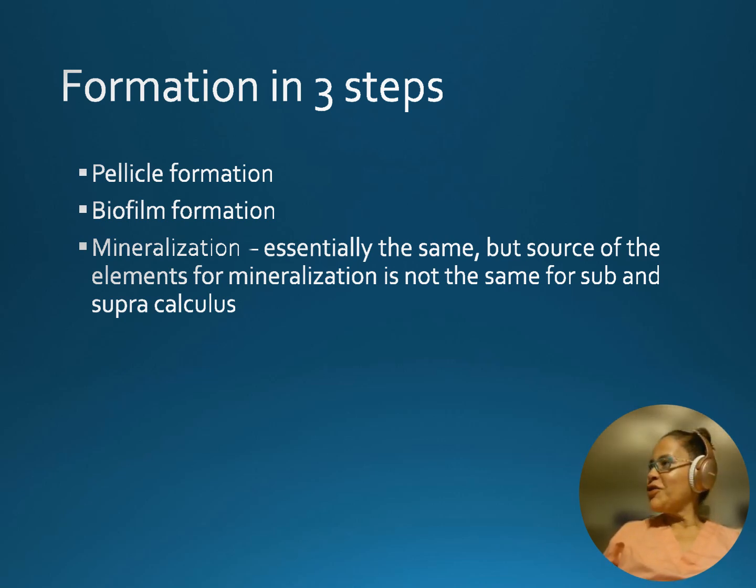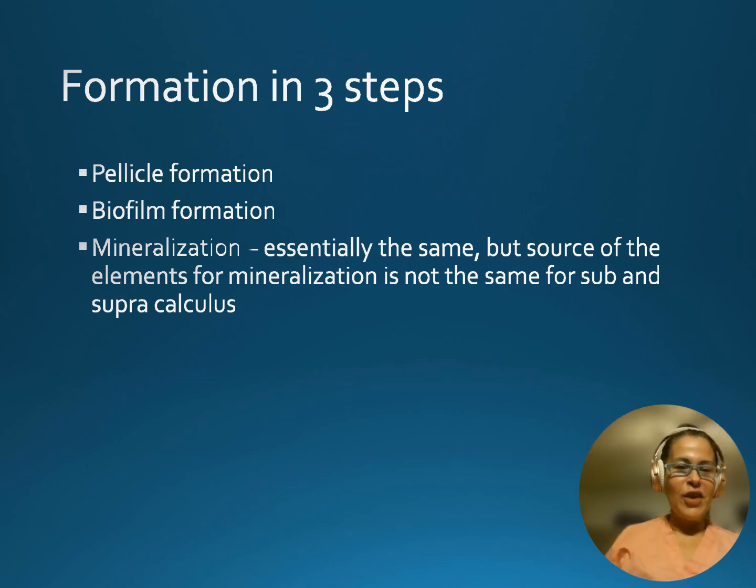Now, the formation of calculus in 3 steps, and this is going to be overlapping a little bit with our last lesson. We have pellicle formation, we have biofilm formation, and then we have the mineralization. The source of the elements for the mineralization is not the same for sub and supracalculus.